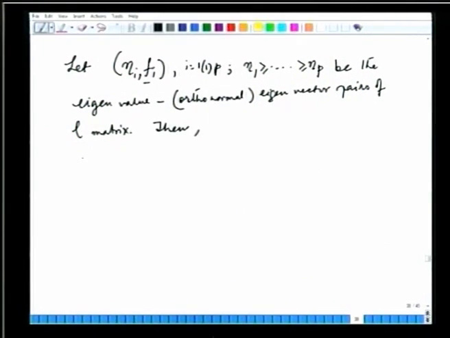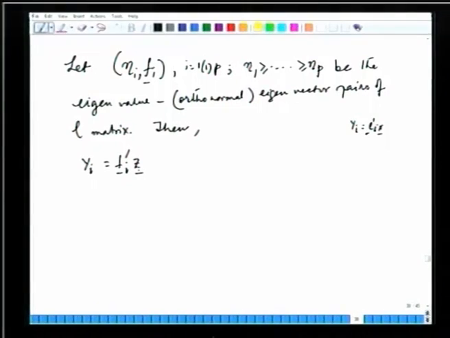Then what is the ith principal component? Let me use the same notation yi for the principal component. Originally, if you recall, I had yi equal to ei transpose x. Now, using these notations, I should have this as fi transpose z, right?